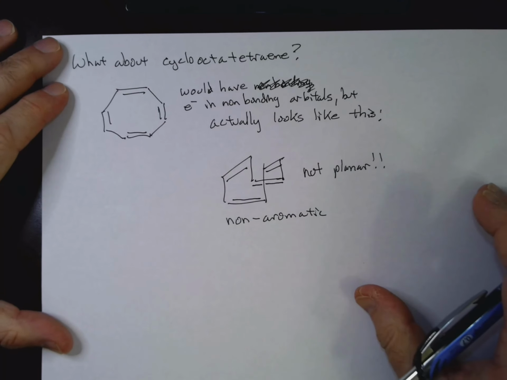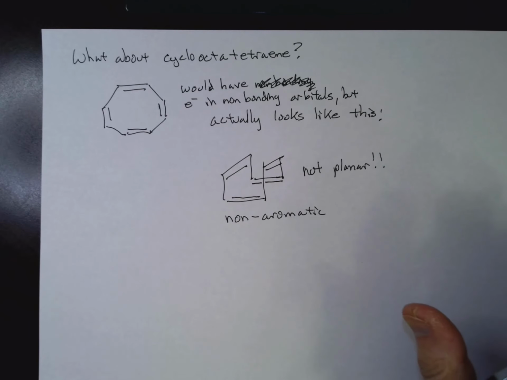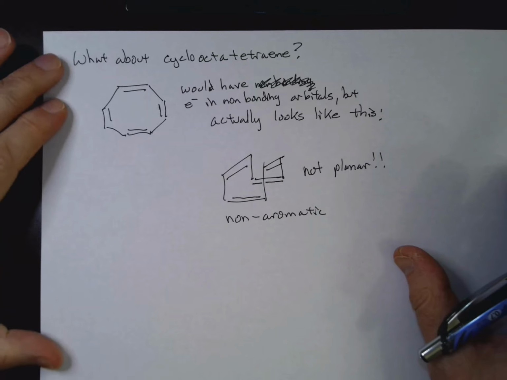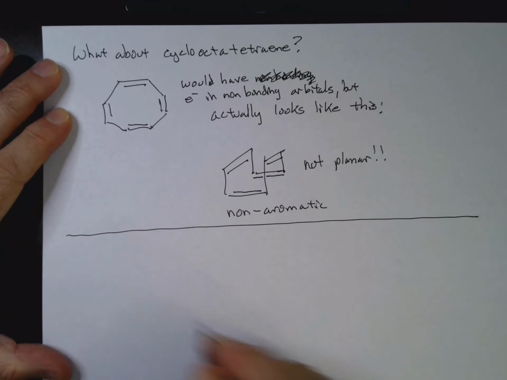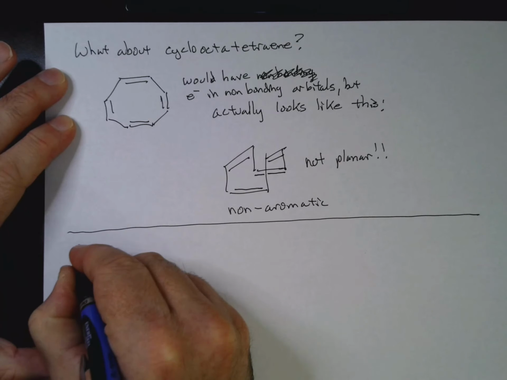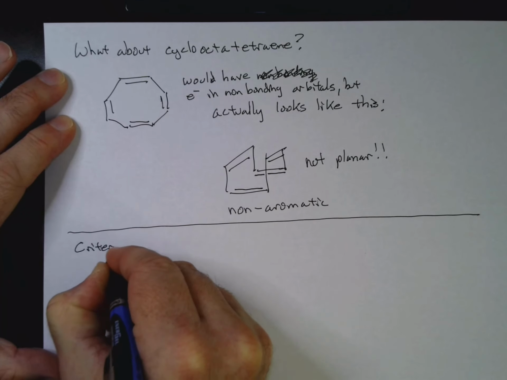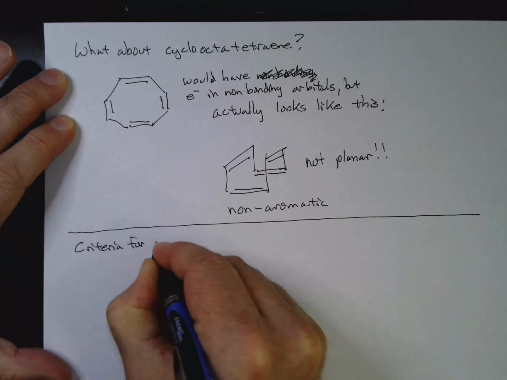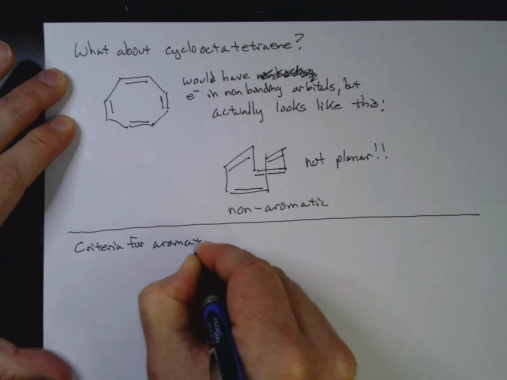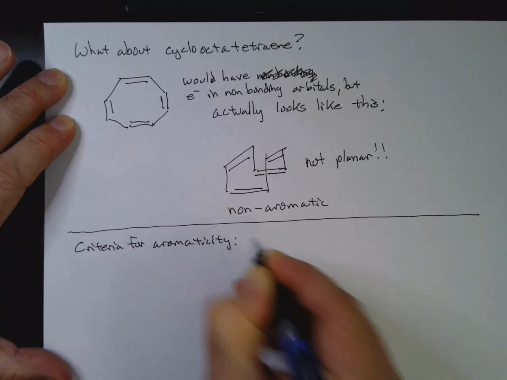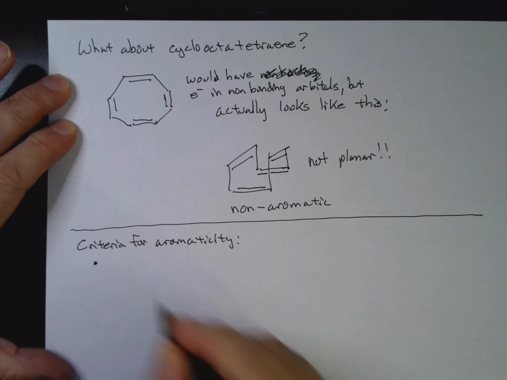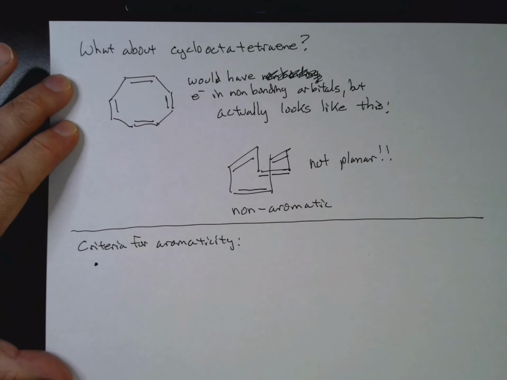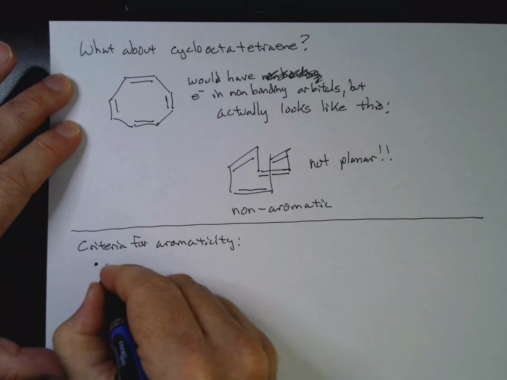And this leads us to our criteria for aromaticity. Okay, we have to have a continuous ring of overlapping p orbitals.